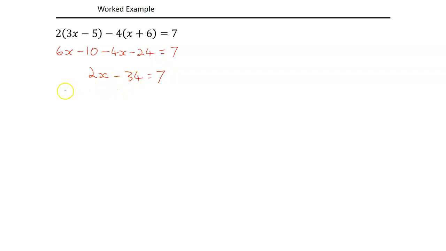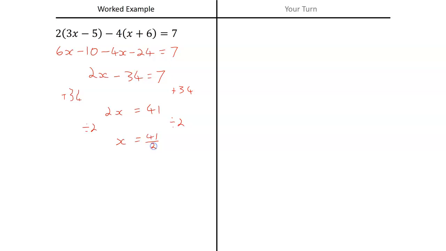So we add 34 to each side. And then divide by 2. 41's not even, so I can just leave it as 41 over 2. Pause the video while you have a go at this one.